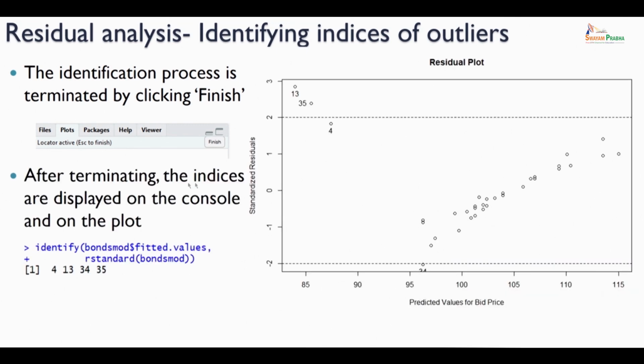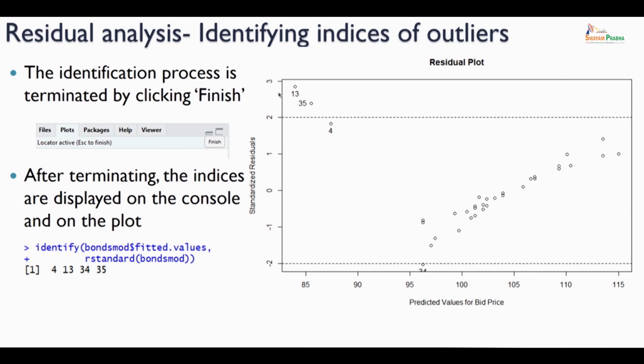Now after terminating, the indices are displayed on the console and on the plot. So you can see on the console I have the indices being displayed as 4, 13, 34, 35, but this will give you only the value. So now to know where your outliers lie on the plot, I am going to look at the plot.